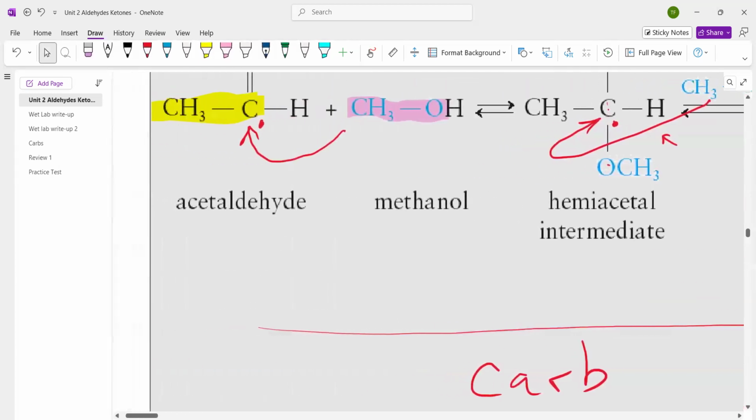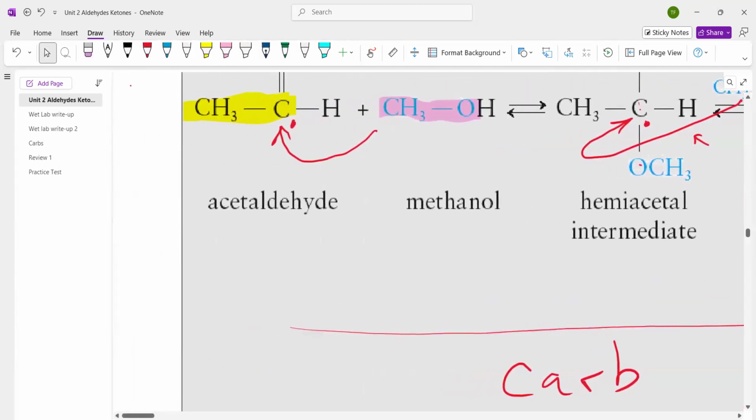And that anomeric carbon doesn't change. Now, the anomeric carbon, when we get into carbohydrates, is going to be really important because that's the location where the rings open and close at that anomeric carbon.